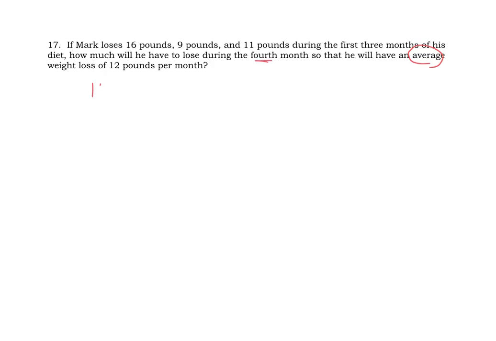Well, month 1 plus month 2 plus month 3 plus the unknown month 4, divided by the 4 months, we want that average to be 12. And there's our first start of linear equation solving and application problems.